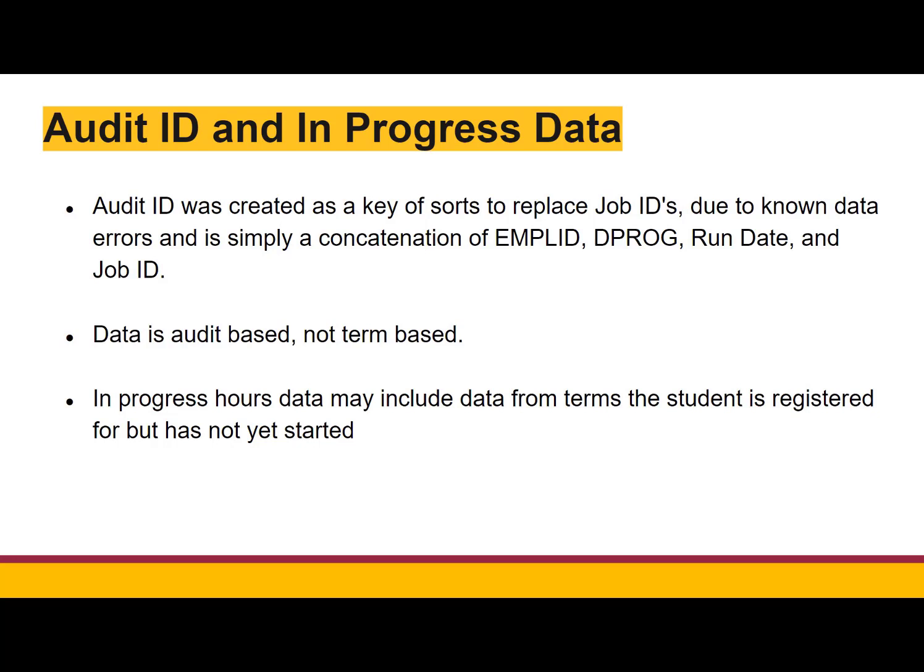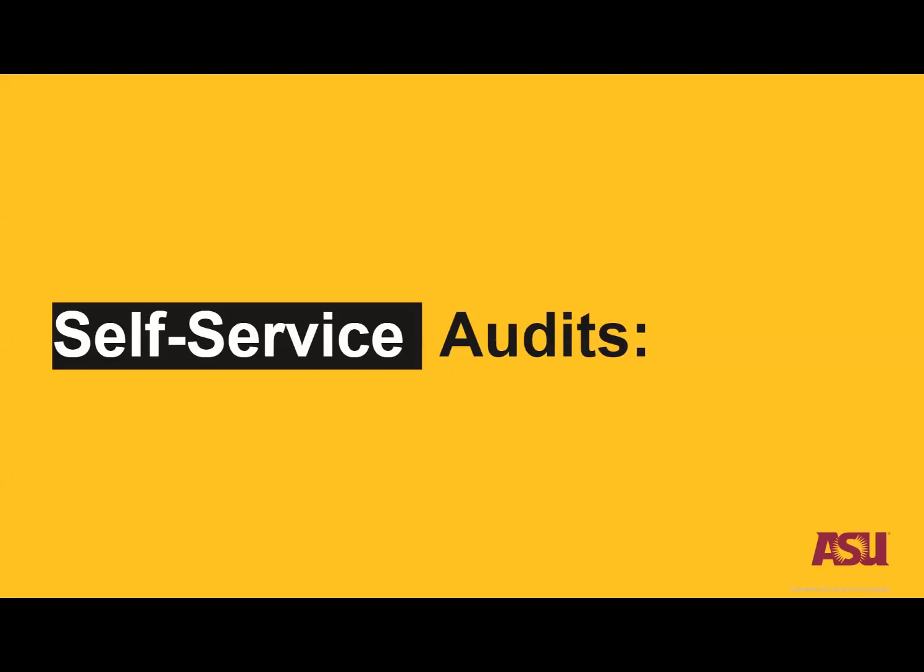So it kind of misleads one in terms of what the hours are. So you might think you have 6 hours remaining when instead you might have 15 if you have those future in progress hours. So something to keep in your head.